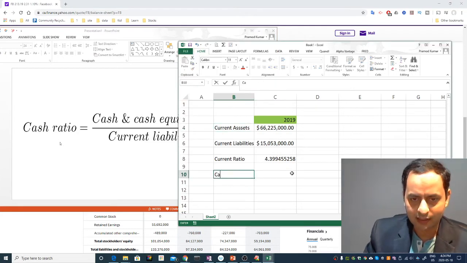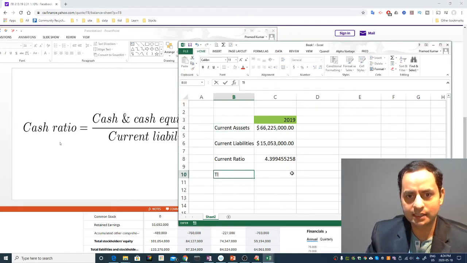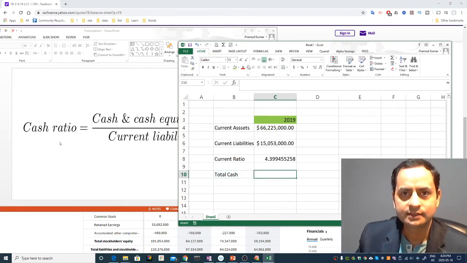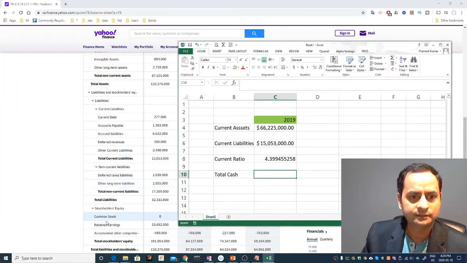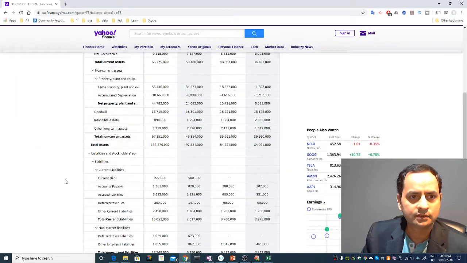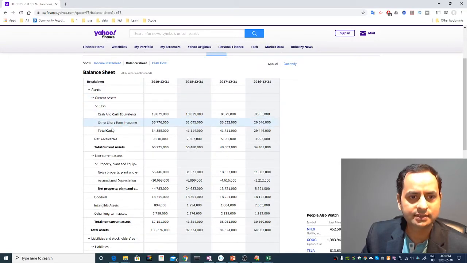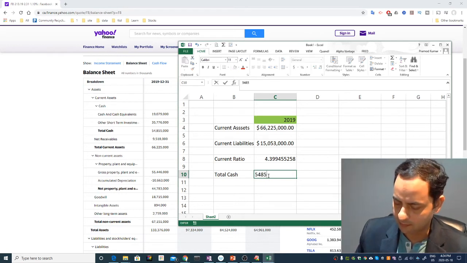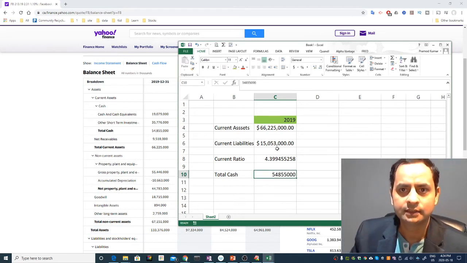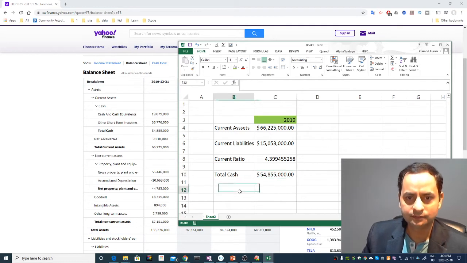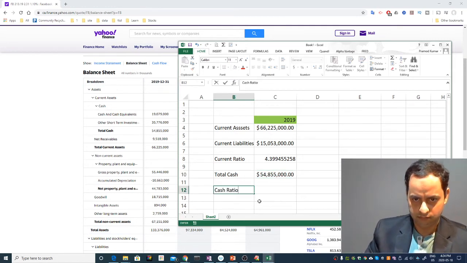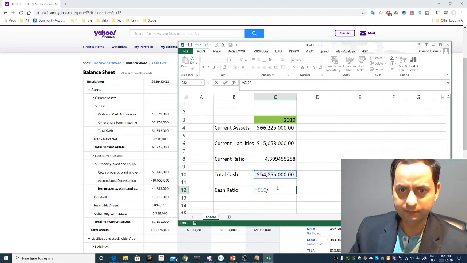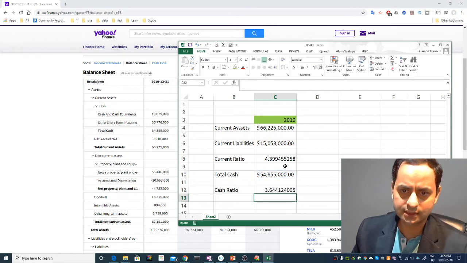So my total cash, if I go to the asset section, you'll get the total cash, which is 54,855, so 54 billion. The cash ratio is a very conservative ratio, because it's just taking the cash.